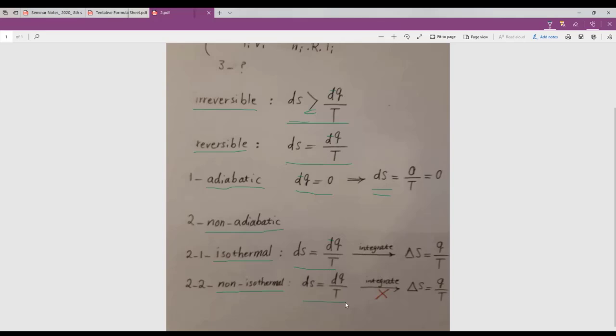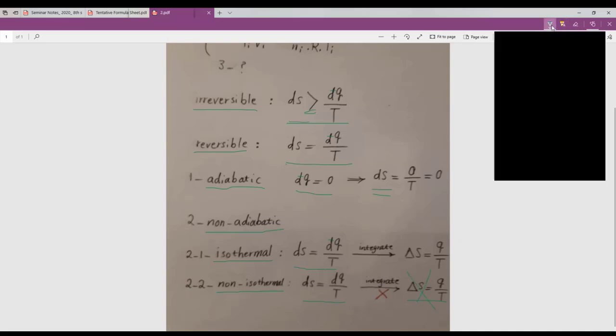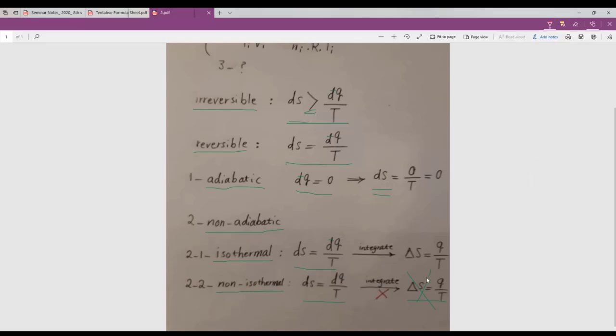We can use this equation, but we can't simply integrate it to get this equation from the differential form. This cannot be done here because temperature is not constant.